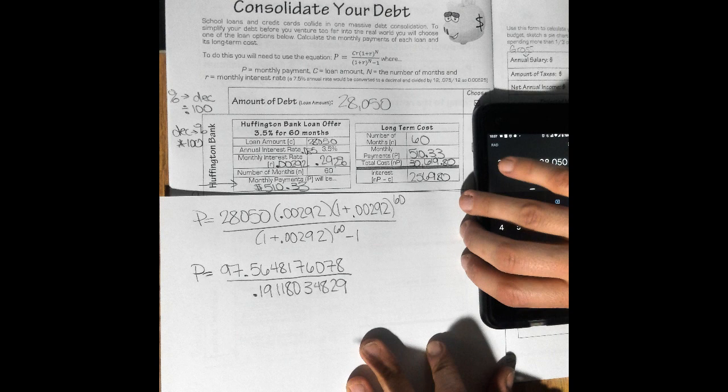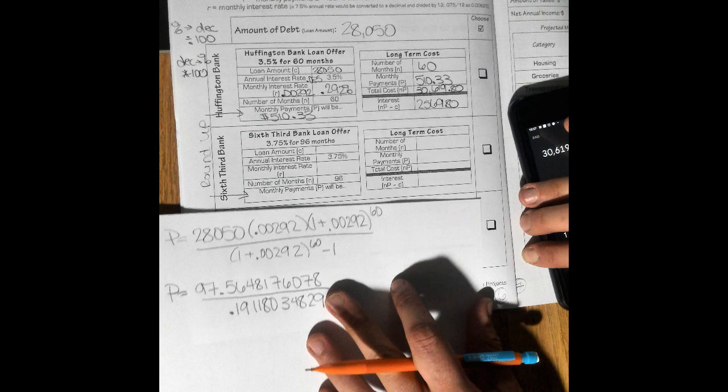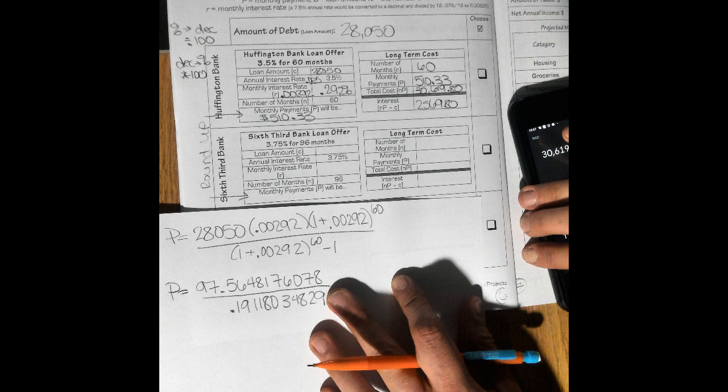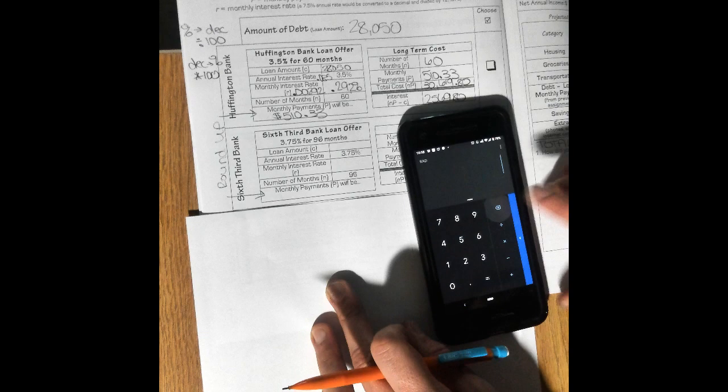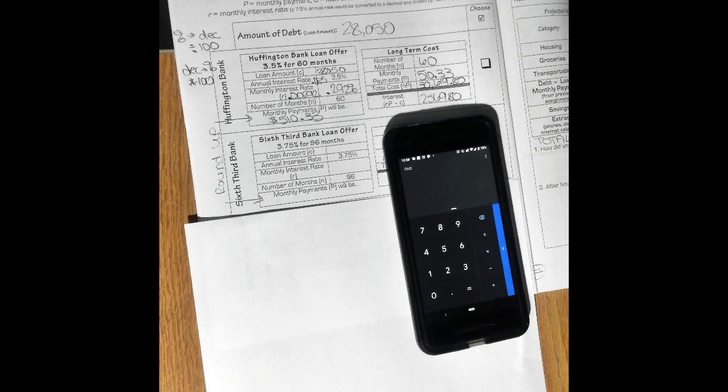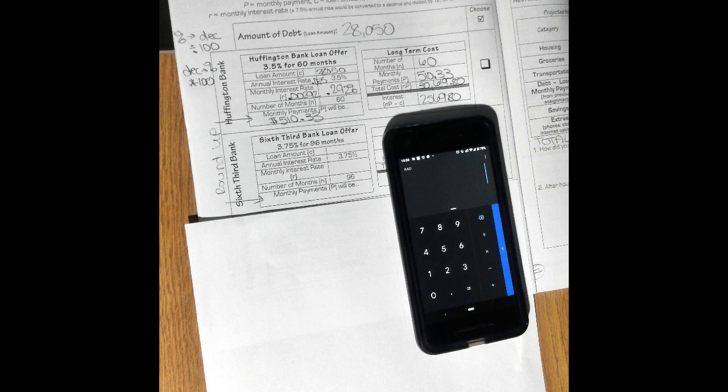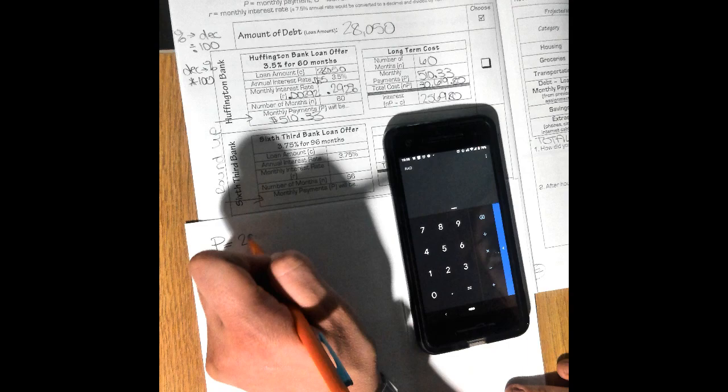So now I'm going to go to 6th Third, and I'm going to do this exact same thing over. I'm going to get a new spot on my paper, but they just have different terms. So I need to recalculate everything with this formula, but according to 6th Third's terms. So it's P equals, my loan amount C is the same, 28050.